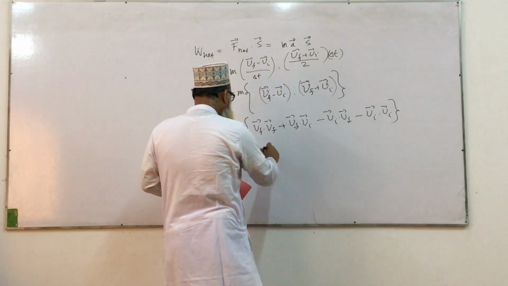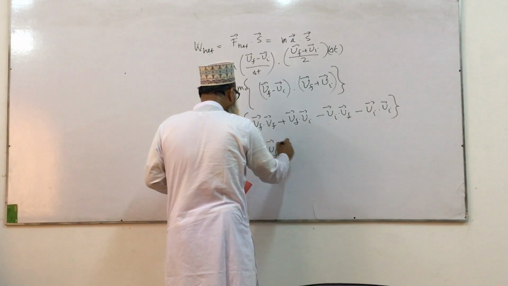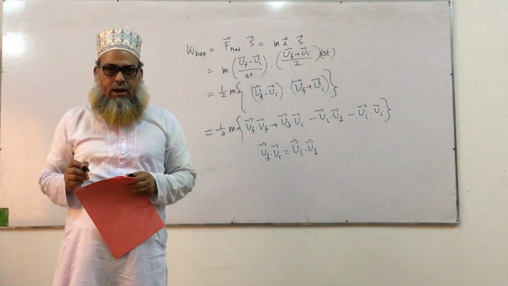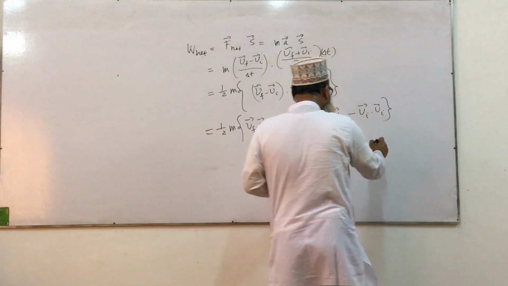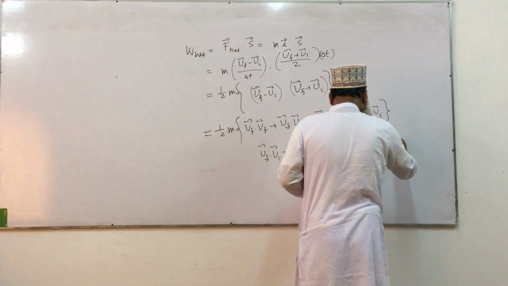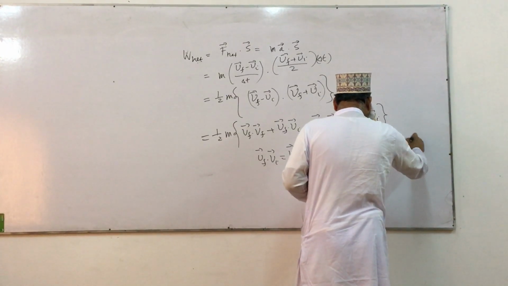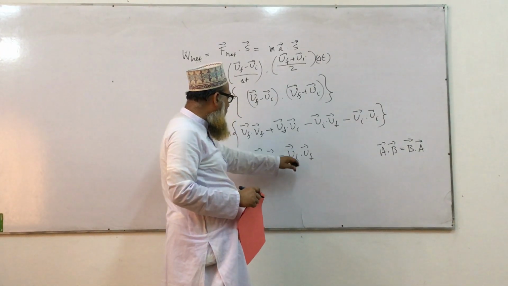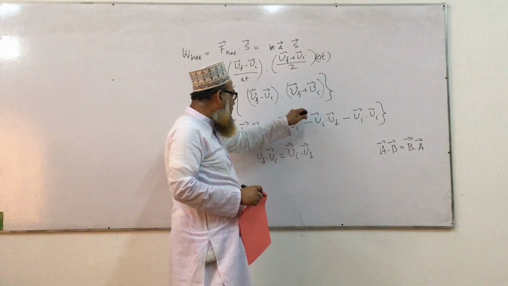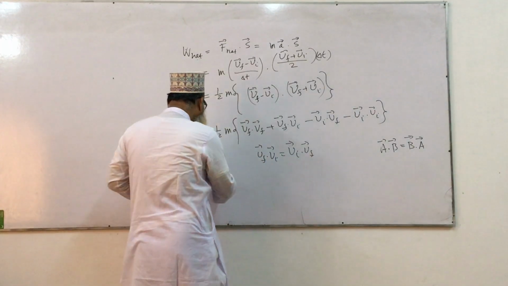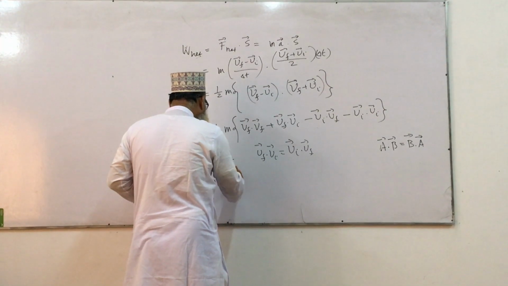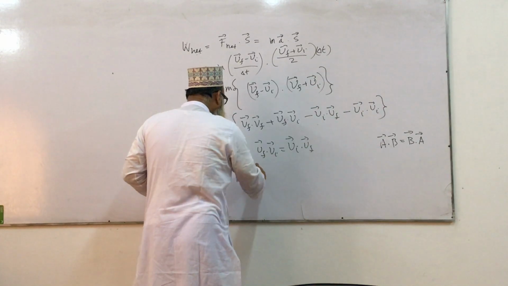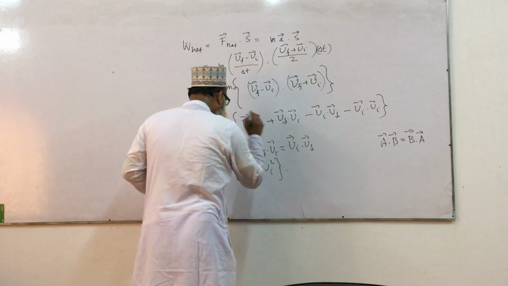Now see, Vf dot Vi equals Vi dot Vf. This is the rule of the dot product: vector A dot B equals B dot A. So Vf dot Vi equals Vi dot Vf, and there is a minus sign, so this term and this term cancel out, and you are left with half M Vf dot Vf, which is Vf square, and the final term Vi square.